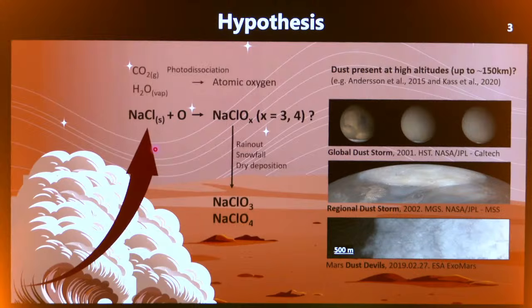The source of atomic oxygen would be the dissociation of CO2 or water vapor. An analogy here is the reactions that occur in low Earth orbit between atomic oxygen and materials that are used in spacecraft and satellites. So we want to test if this reaction can really happen.